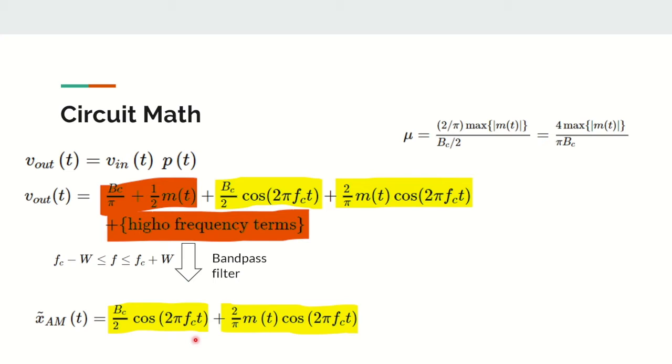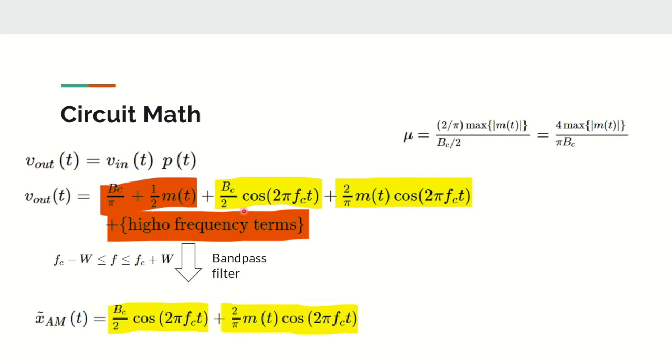On the next slide, we'll see once we distribute this, so we take our V in and multiply it by our sum, we will get a sum of these terms. We're going to have some low frequency terms here and some high frequency terms, and of course our AM modulated signal that we want here.